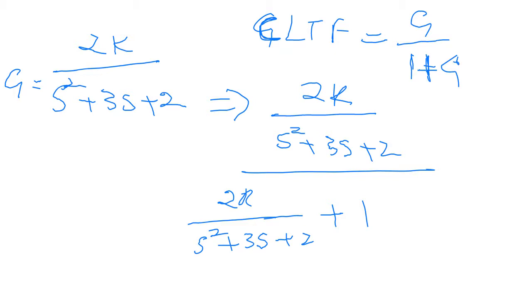We are aware that when you have a closed-loop transfer function, you apply this expression for feedback. It is a negative feedback, so it becomes g over 1 plus g, because there's unity gain. If there was a feedback element, let's call it h, then it'd be g over 1 plus gh.